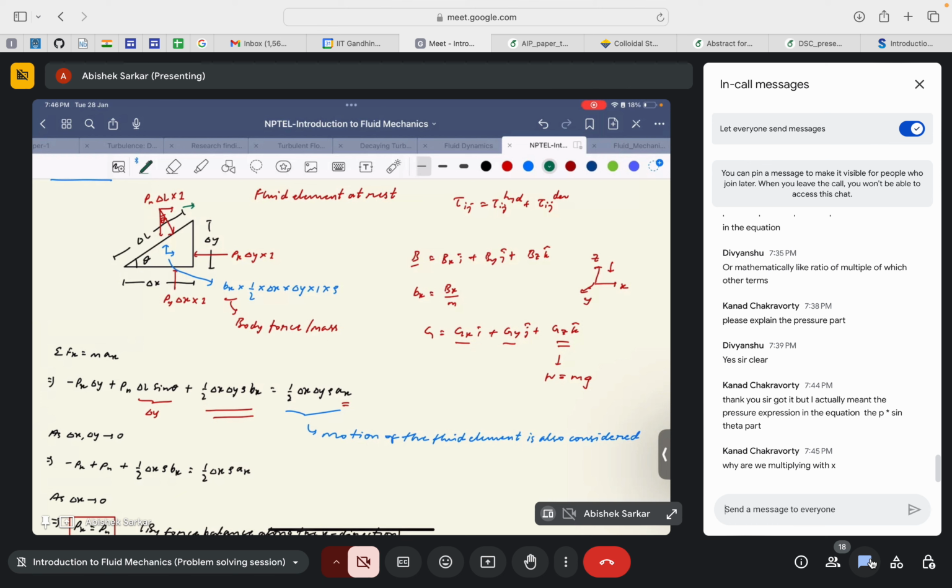It is not the pressure that we dissociate, but the force. The force would be Pn into delta L, and the component of this force along the x direction would be Pn into delta L into sine theta.